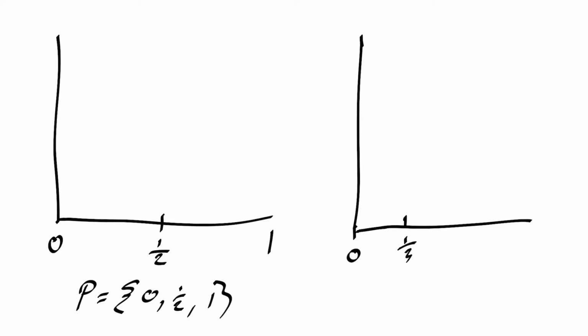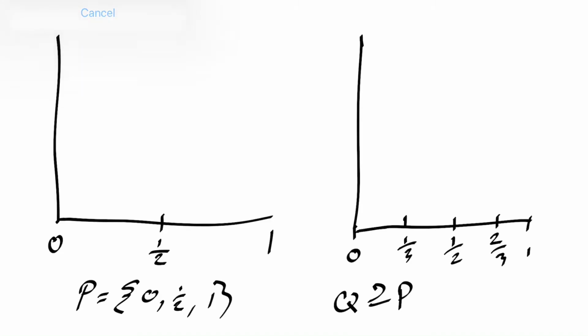For example, if I changed my Q to be 1/3, 1/2, 2/3, and 1, so if I just add a 1/2 in there, then all of a sudden Q does contain P. And so this is a refinement. All I've done is added marks inside my P to make it more precise.